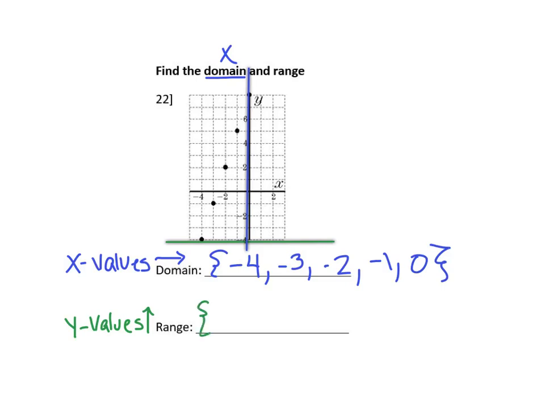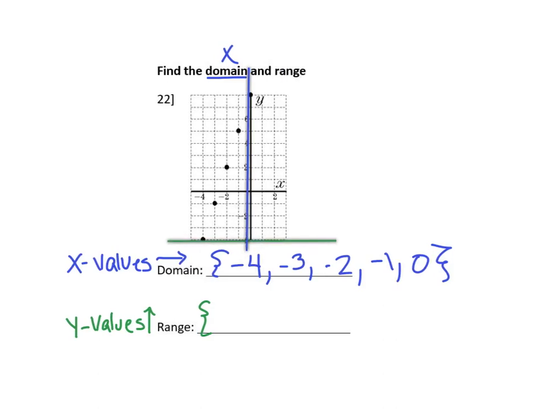The range is focused on the y values. The y-axis goes up and down. So I'm going to be looking at each point from the bottom up and taking in the y value. So my first point has a y value of -4. The next one is -2, or excuse me, -1. Then +2.